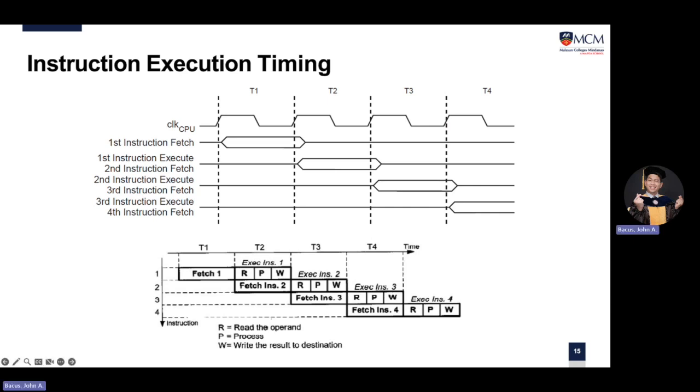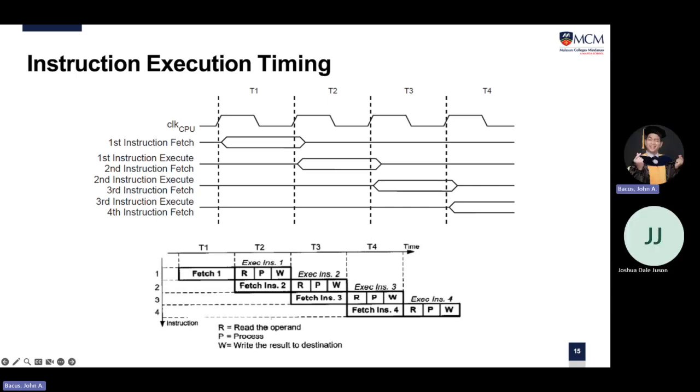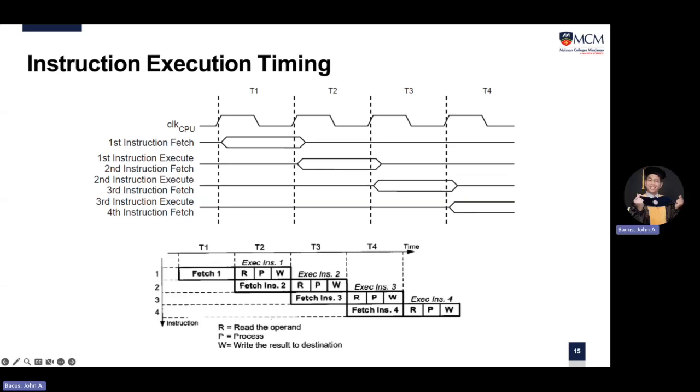So how does it work? In this diagram, you can see the clock indicates the clock cycles T1, T2, T3, T4. Each clock synchronizes the instruction stages. So this shows instruction fetch and execute, how the CPU fetches and executes instructions in a staggered manner.